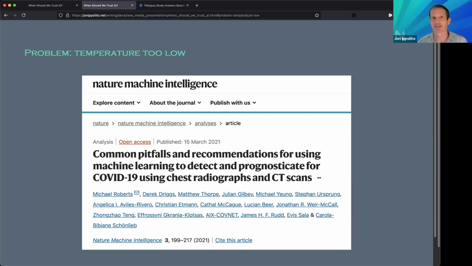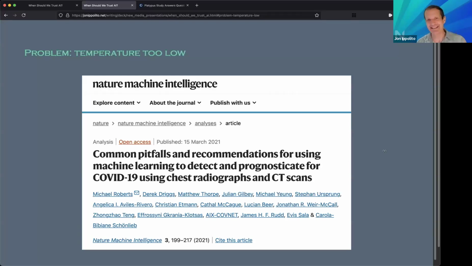One model seemed to do quite well and diagnose whether people were going to die of COVID. Later it turned out it just decided based on whether they were lying down. If they were in a bed rather than sitting up or standing, it said, well, they're probably going to die. So that's not the kind of lateral thinking, really more a kind of investigative speculation, that we need in lots of areas of research. That's an example of temperature being too low.